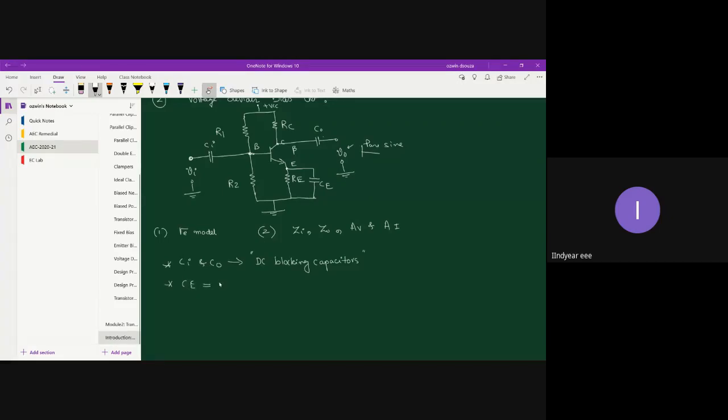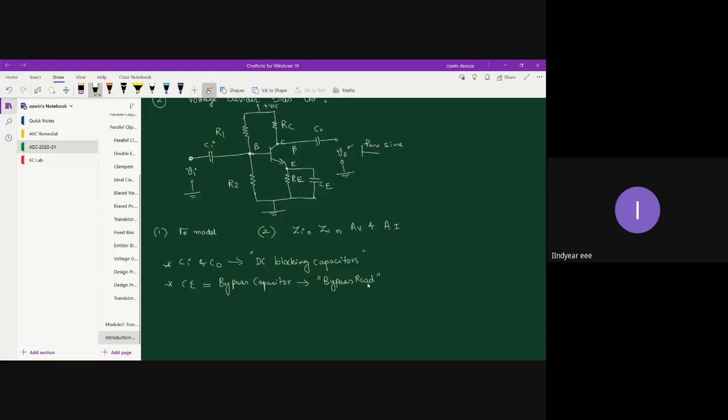So this Ce is called as bypass capacitor. The name bypass capacitor is given on the basis of the bypass road, right? You have heard of a bypass road. When there is a junction, normally a traffic junction will also be connected with a bypass road, so that the congestion can be reduced.